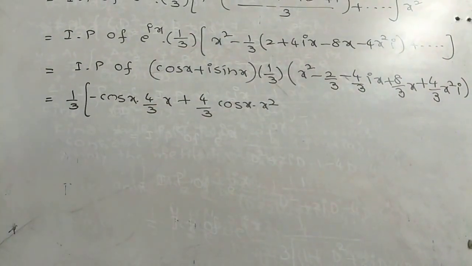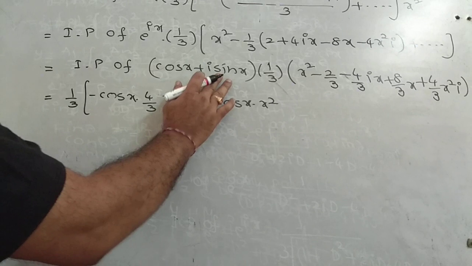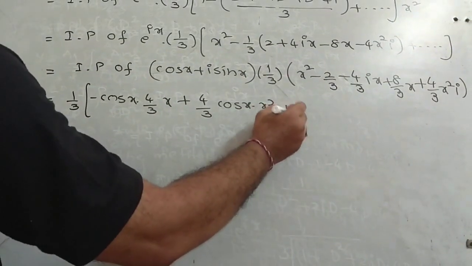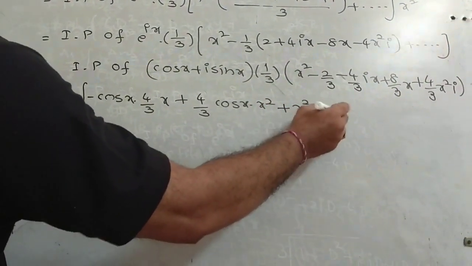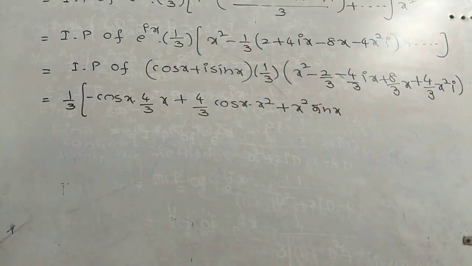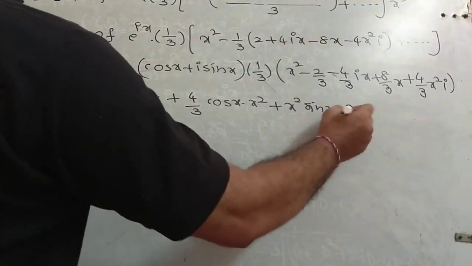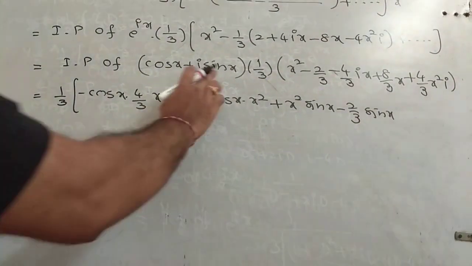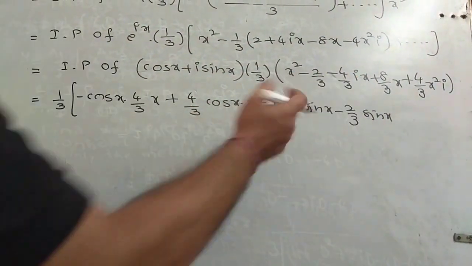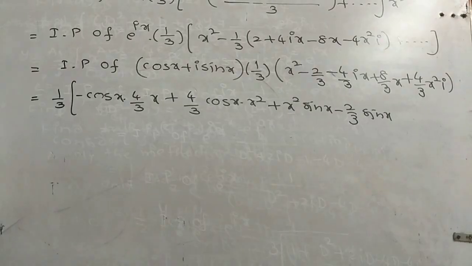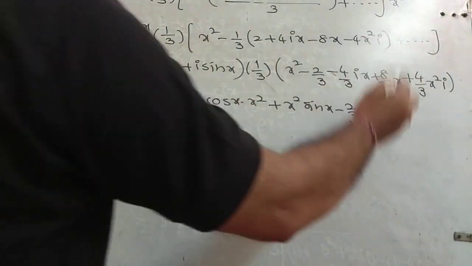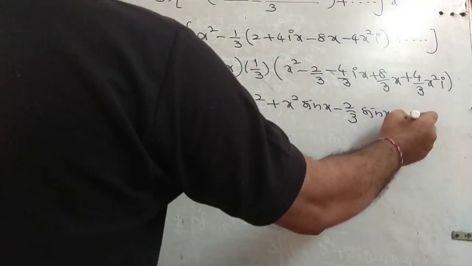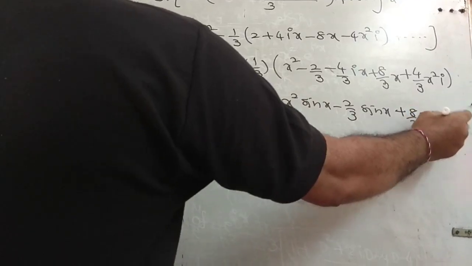Only i terms. Similarly, this value is multiplied by plus x squared into sin x. You will get an i term. And minus 2 by 3 into sin x, one more i term. When this is multiplied by this, i squared becomes minus 1, so it is not having an i term. Similarly, this value multiplied by plus 8 by 3 into x sin x.